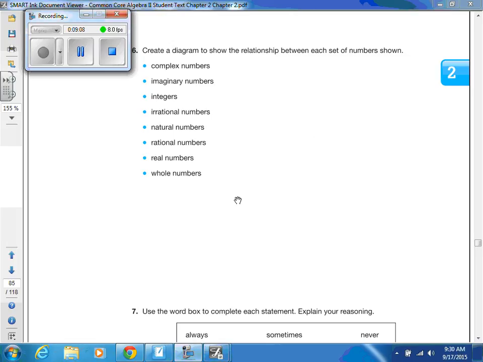Alright, create a diagram to show the relationship between each set of numbers shown. Complex, imaginary, integers, irrational, natural, rational, real, and whole. What's the biggest heading that all of these fit under? Complex. All of these are complex numbers. Now, if they're complex numbers, what 2 parts do they have?